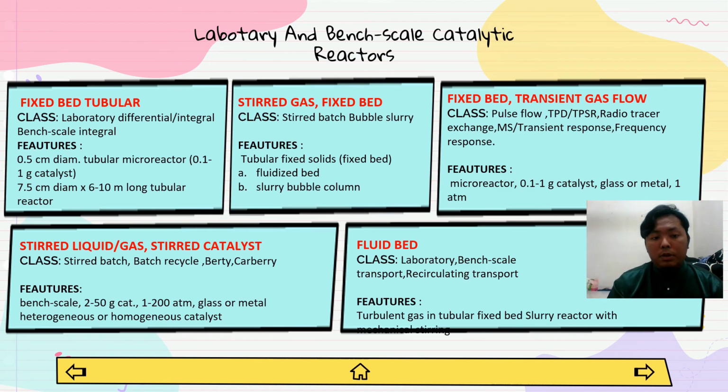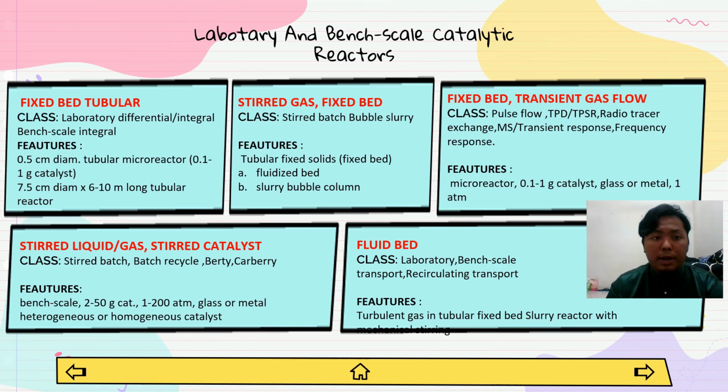For this slide, I will explain generally about the laboratory and bench scale catalytic reactor. First, we have the fixed bed tubular. Second, stirred gas with fixed bed. Third, fixed bed transient gas flow. Fourth, stirred liquid or gas with stirred catalyst, and lastly, the fluid bed.